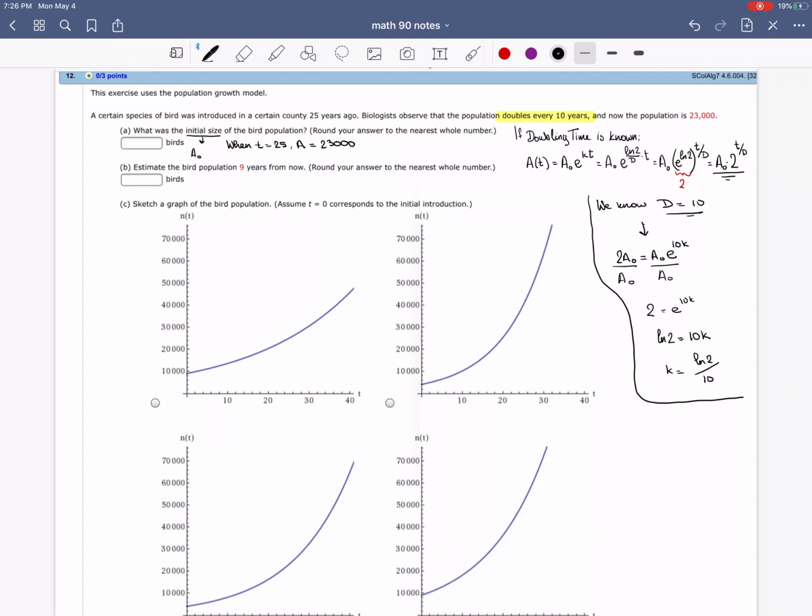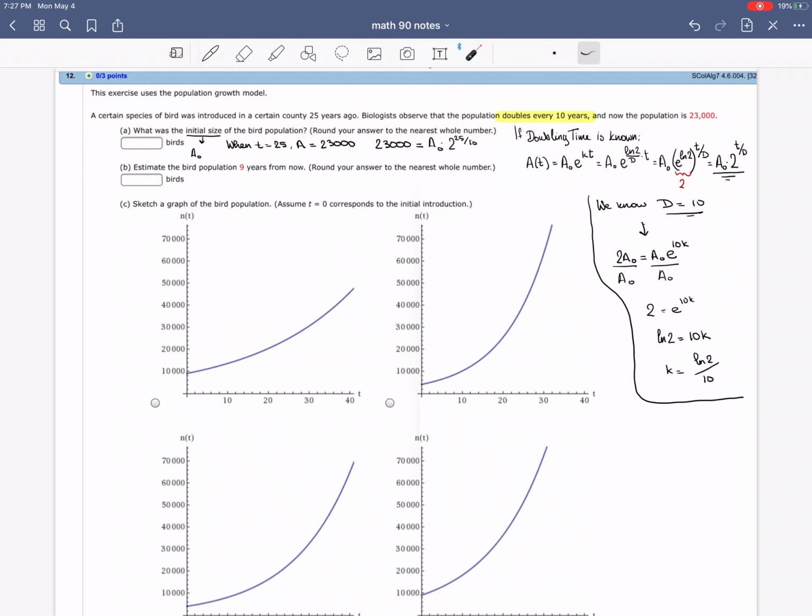So what we can say here is 23,000 is equal to A0, whatever it is, times 2 to the power 25 over 10, right? So again, I'm plugging 25 in for T and 10 in for D in this formula.